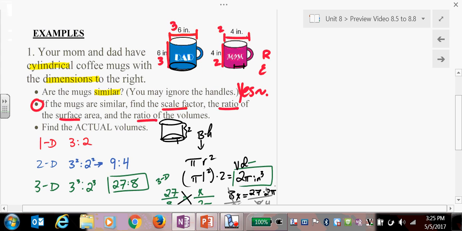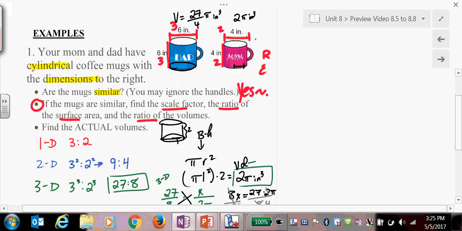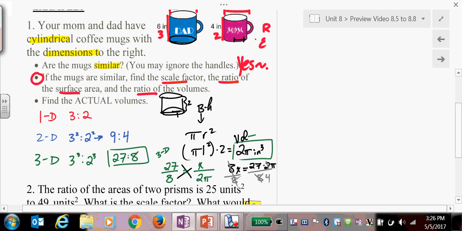So the actual volume of the dad mug is 27 over 4 pi inches cubed, and this was 2 pi inches cubed. We didn't even have to do the math, because we can use this ratio.